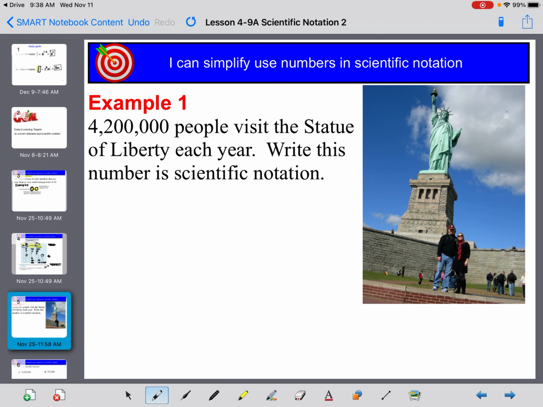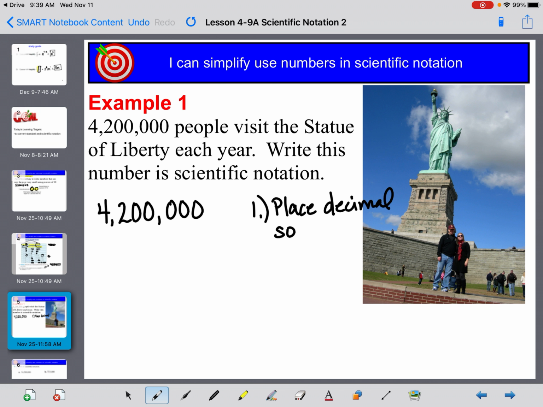All right, let's put this in more concrete words. 4,200,000 people visit the Statue of Liberty each year. Write the number in scientific notation. Let's remember that the first number has to be between 1 and 10. So the first thing you need to do is place the decimal so that you have a number between 1 and 10.